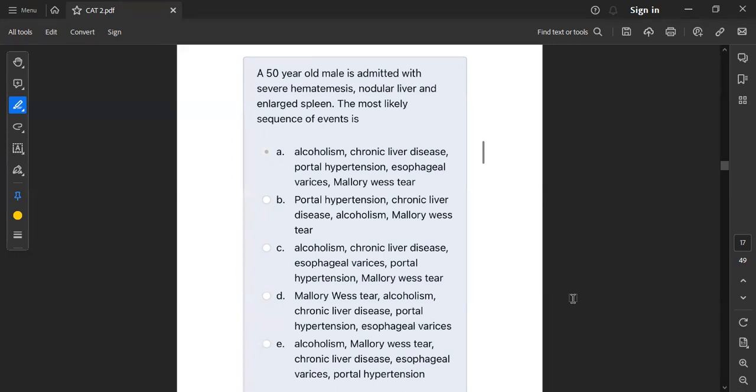Yeah, someone says A, correct. So what happens is you have chronic intake of alcohol. Then what does alcohol do?